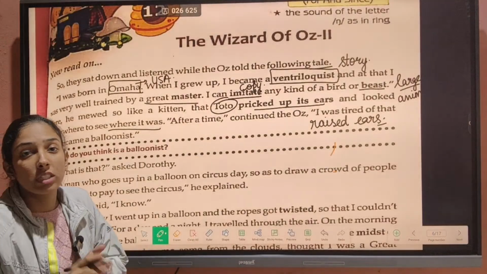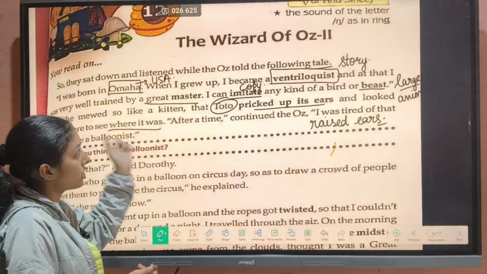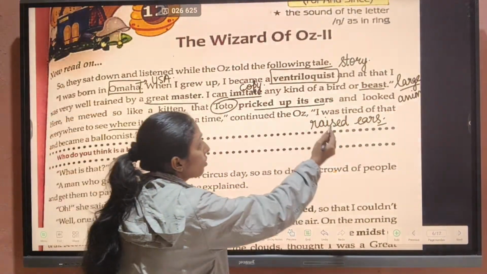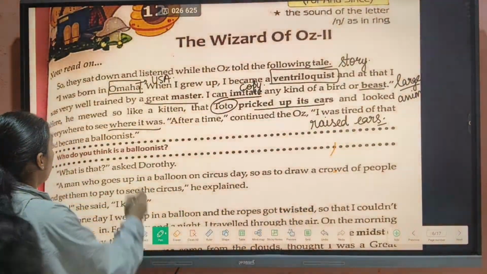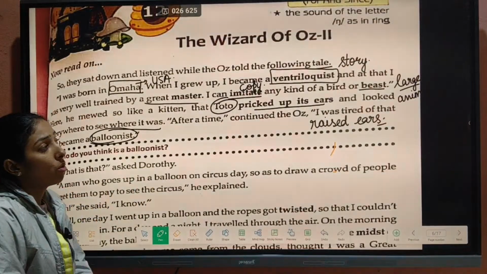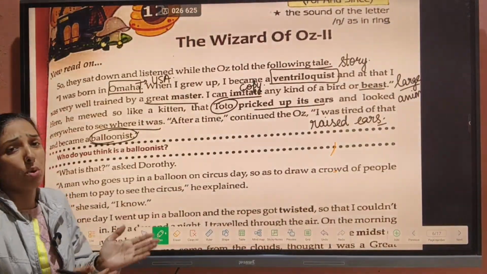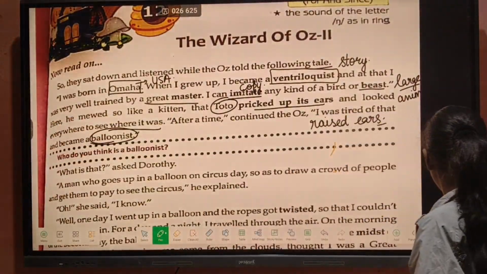Now Oz was taking out noise of a kitten, so Toto was searching everywhere from where this kitten sound is coming. Continued the Oz, I was tired of it and I became a balloonist. Now, firstly, he was a ventriloquist, okay, but he was bored. He was tired of his job, and then he became a balloonist.